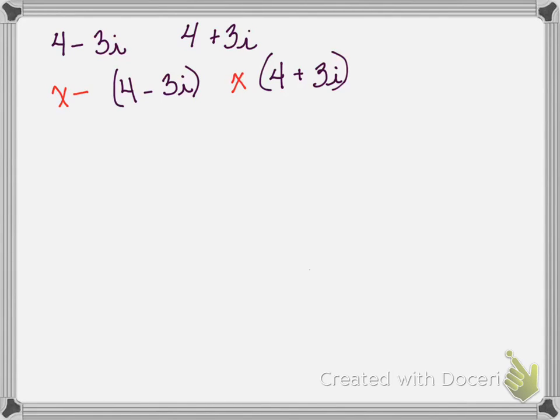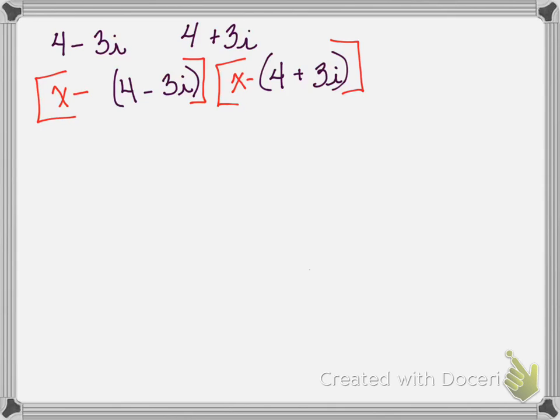So I have x minus (4 minus 3i) and x minus (4 plus 3i). So that is the factor that is associated with the solutions of 4 minus 3i and 4 plus 3i. So we have our solutions and then we have our factors.